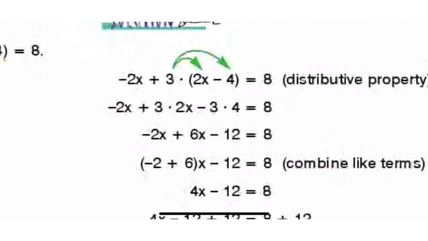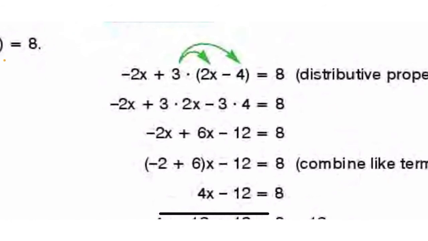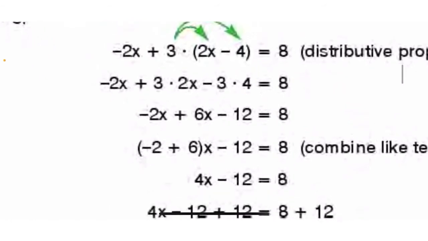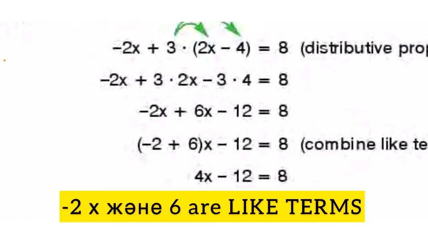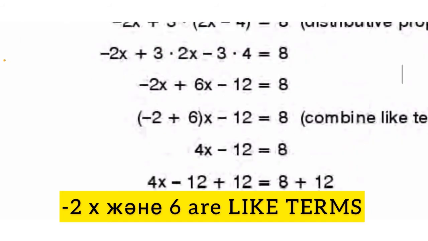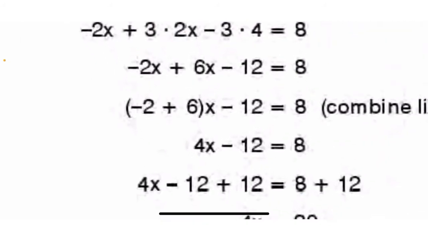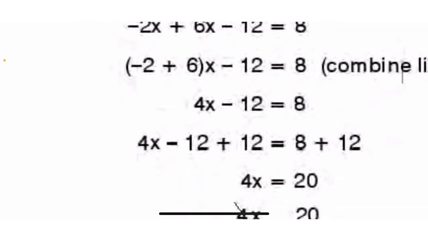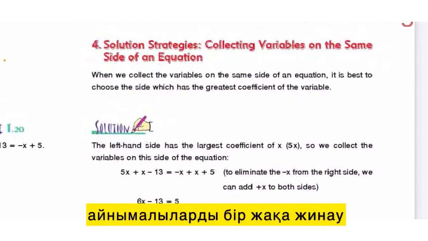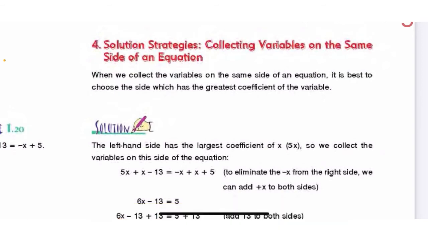And for example, in this next problem, negative 2x plus 6x, these two terms are called like terms. We can add them or subtract them. In this situation, we can add negative 2 to 6 and we get 4x. We also collect variables on the same side of an equation.